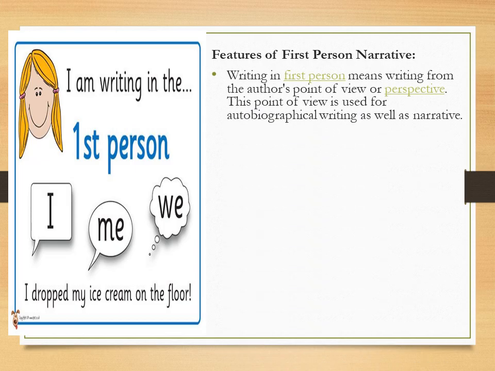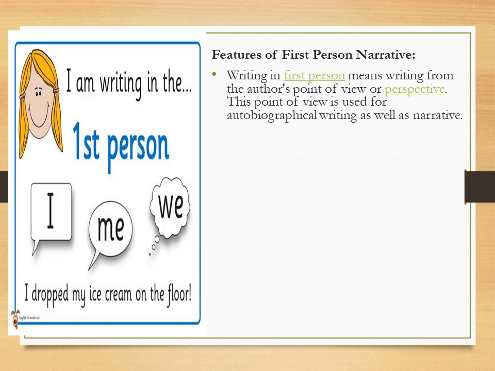The first feature is that writing in first person means writing from the author's point of view or perspective. This point of view is used for autobiographical writing as well as narrative. What this means is that the narrator speaks or writes from the author's point of view by making use of I, we, or me.